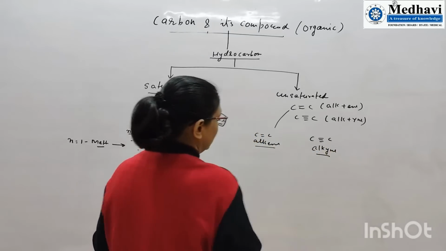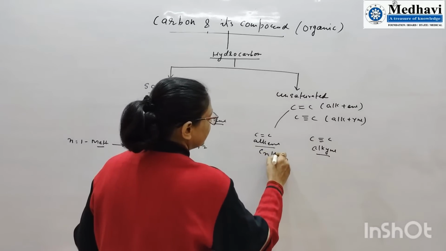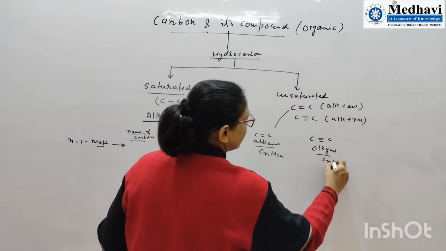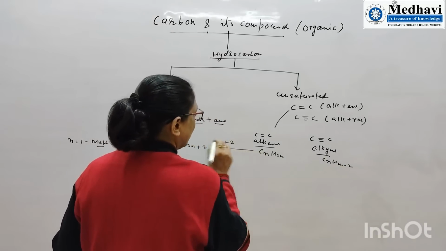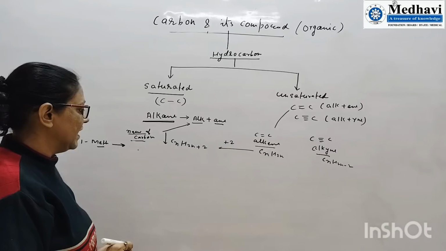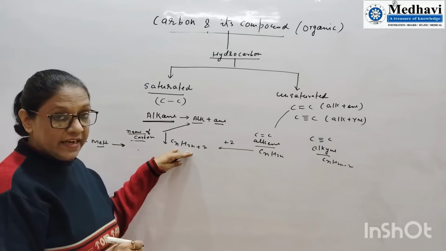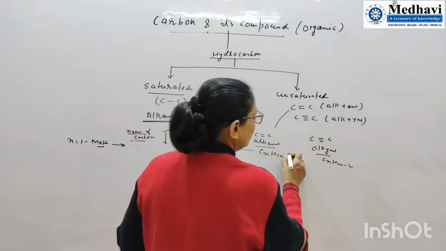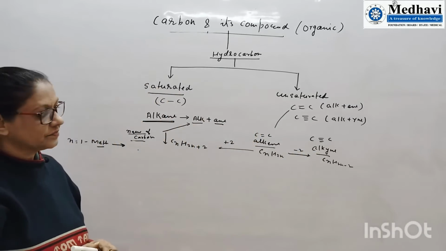Alkyne here. So this structure is CnH2n, and this is CnH2n-2. So if we add 2 hydrogen atoms to alkene, then we get alkane. And if we remove 2 hydrogen from alkene, then we get alkyne.